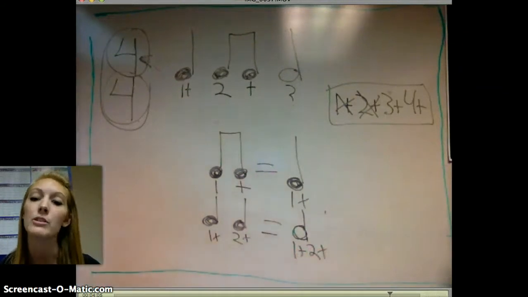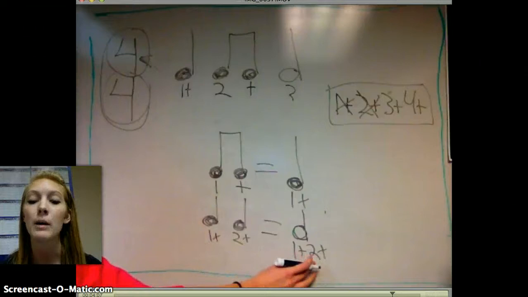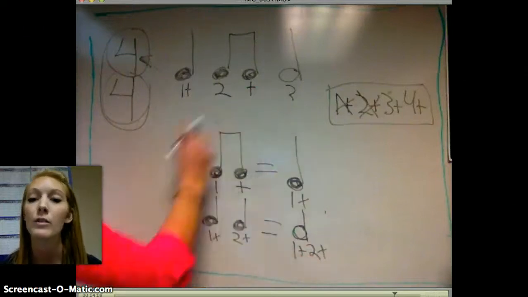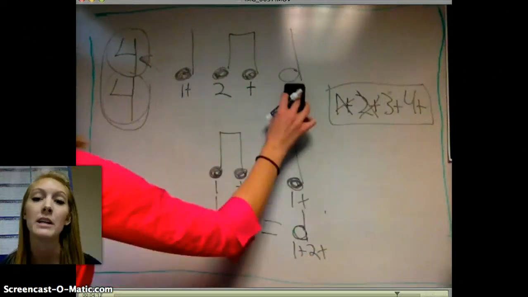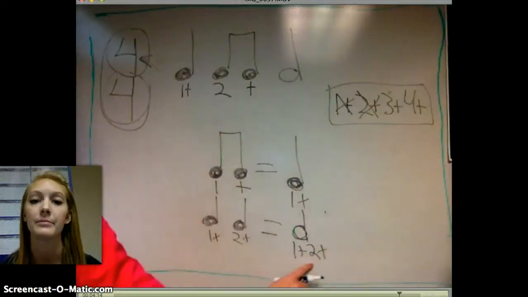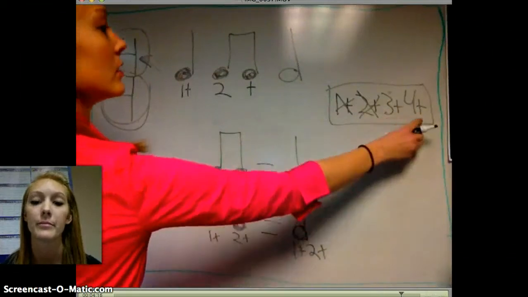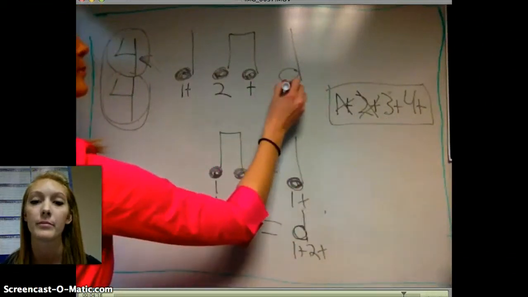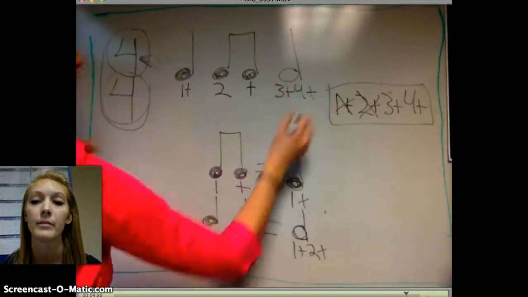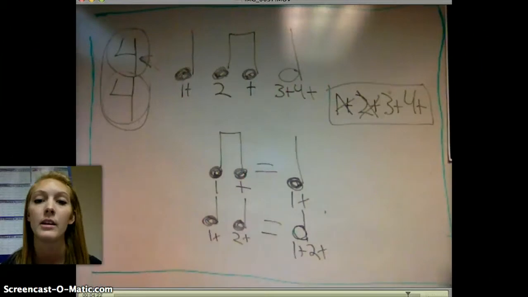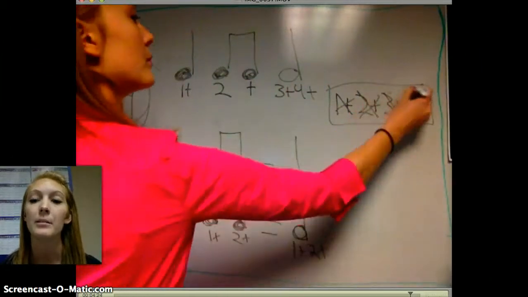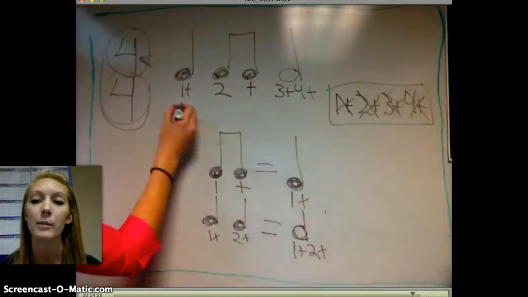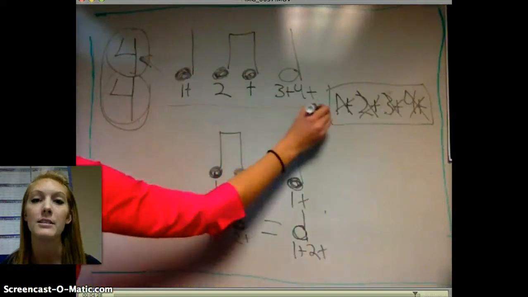Now we've already used 1 and 2 and. We need 2 numbers and 2 ands. So we're going to go over and see what numbers are next, and that's 3 and 4 and. So now we've completed the measure by using all of our numbers and ands.